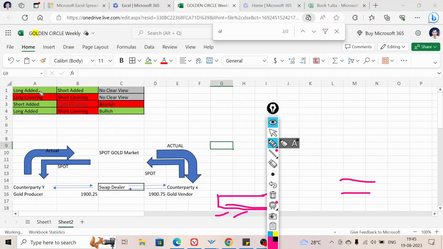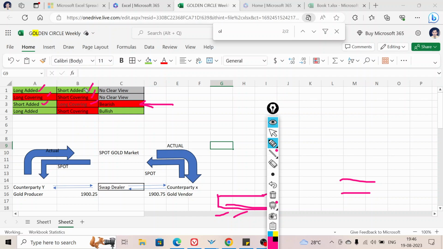If they add long and also add short, there is no clear view of future market movement. If they are covering their long and also covering their short, there is no clear view from the COT report. When they start adding in their short and covering or decreasing their long, this generates a bearish signal, this right over here.